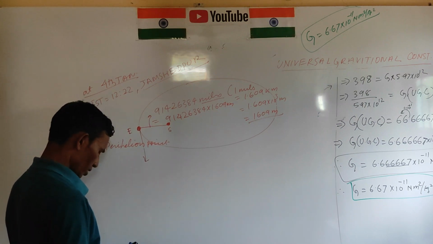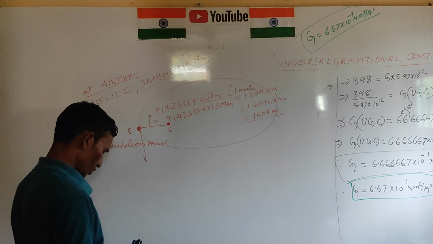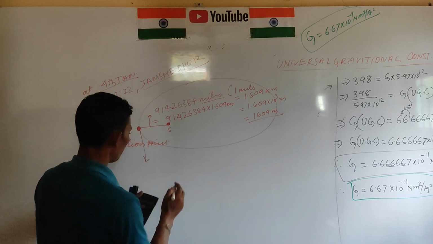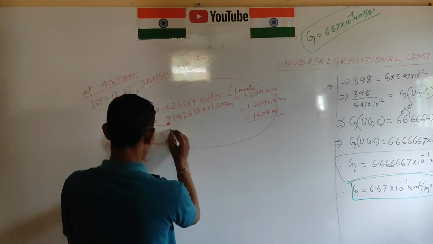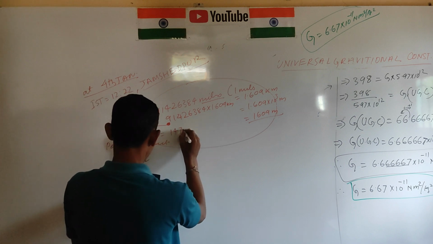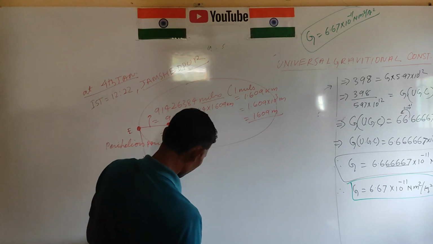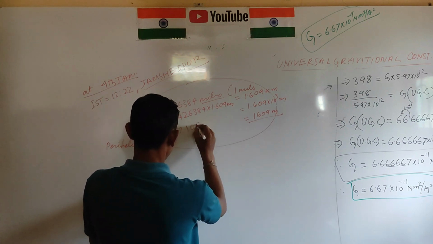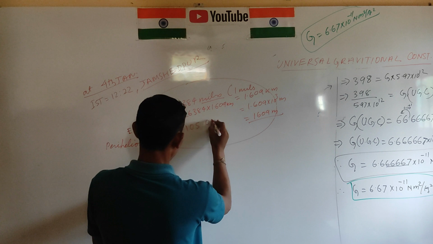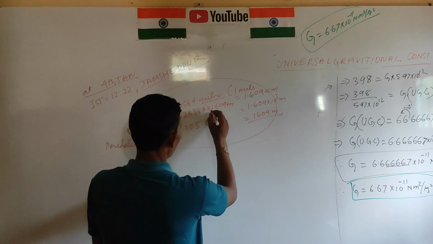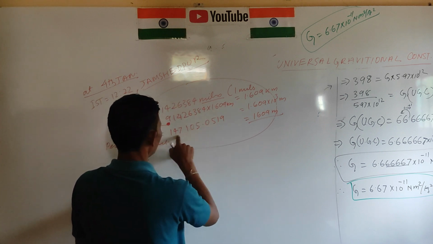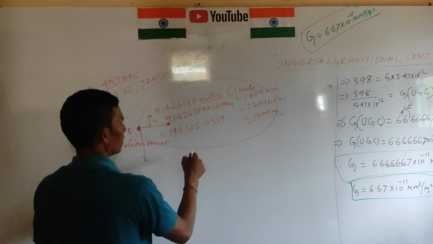9142638 into 1.609, how much is it? That is 147.105.0519. Okay, that is called kilometer.